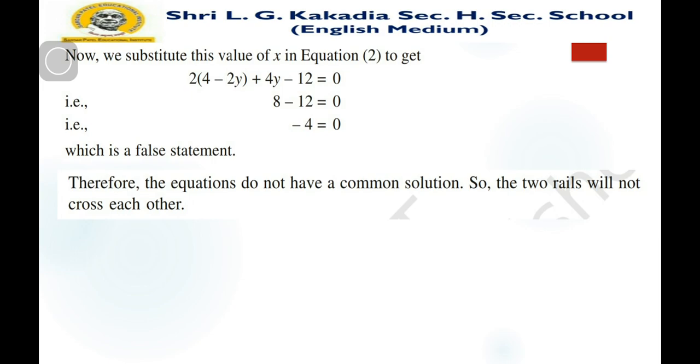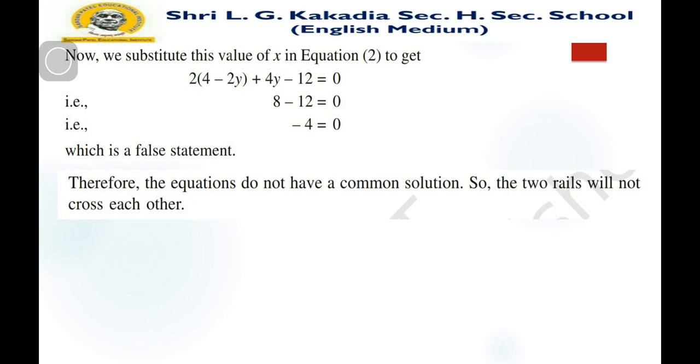So in this way we can solve: we take one value from one equation and after that we substitute it in the other equation. So this method is known as the substitution method. Here we saw three examples. First, we find one solution, meaning if we draw the graph of both lines, we find one intersecting point.